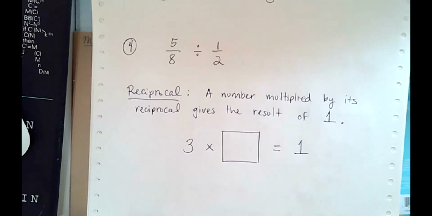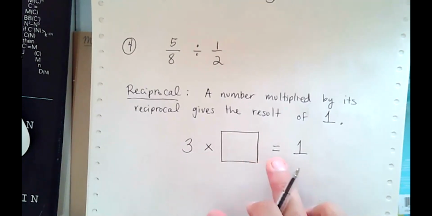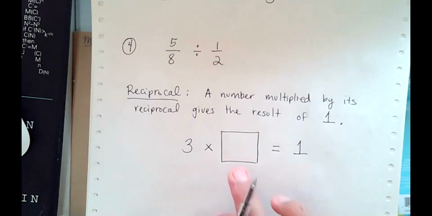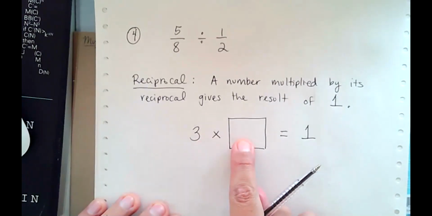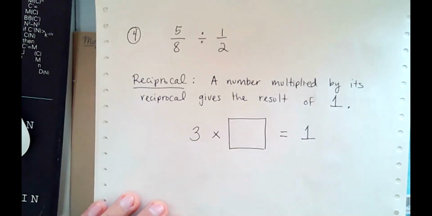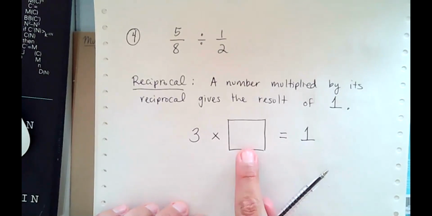1? 3 times 1 gives you 1? Well, 3 times some number is going to put us back at 1 somehow, but it's not going to be 1.